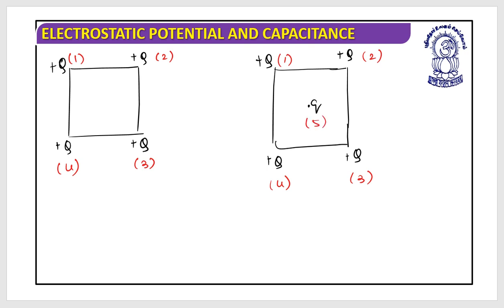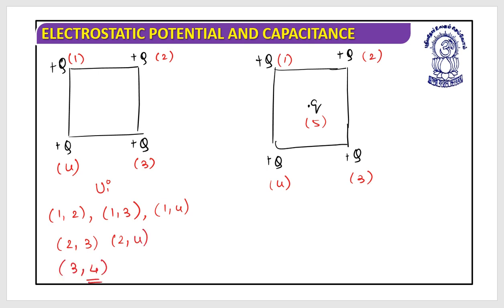Now let's make pairs. For the UI, my pairs will be 1 comma 2, 1 comma 3, 1 comma 4, next 2 comma 3, 2 comma 4, and 3 comma 4. I hope these things are clear to you.